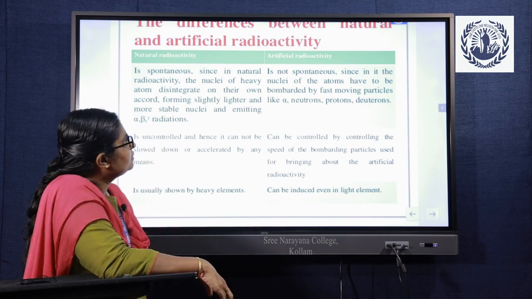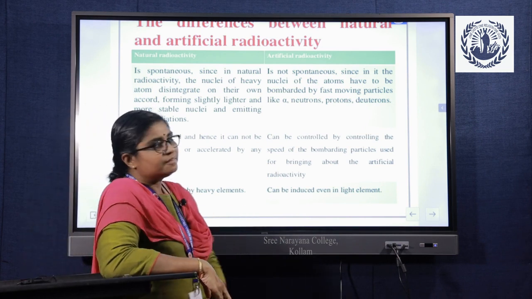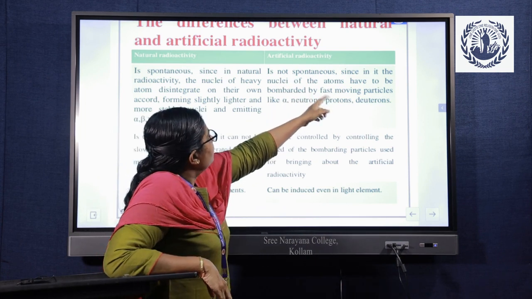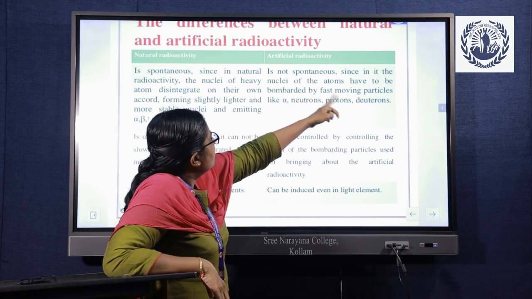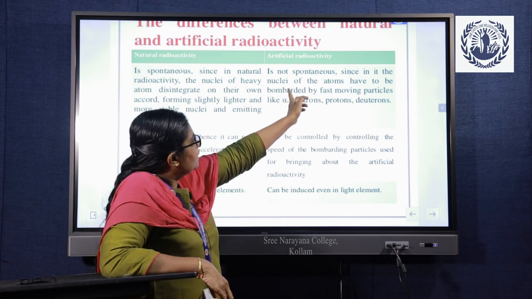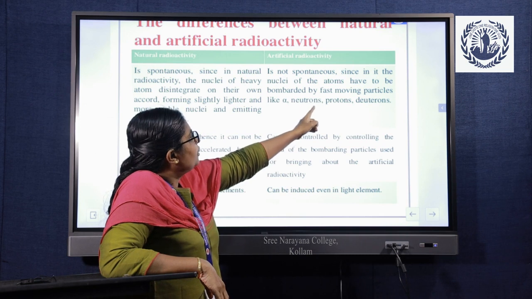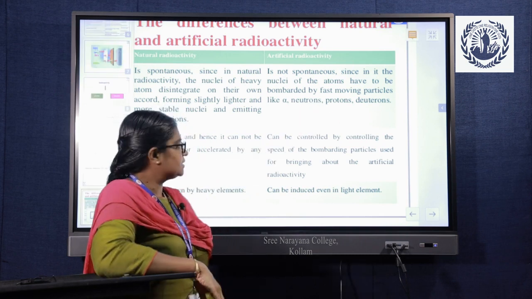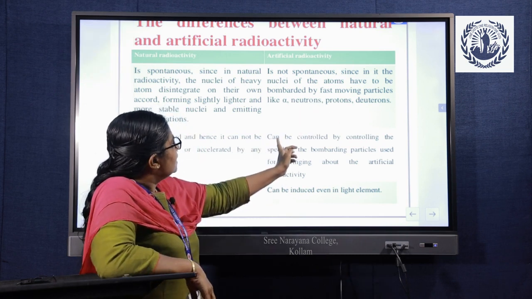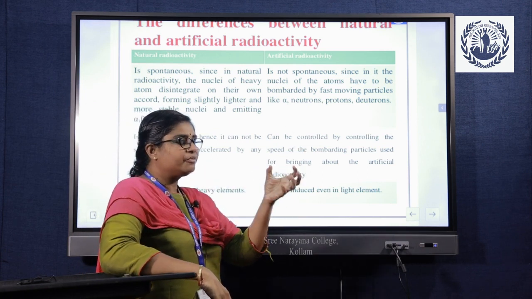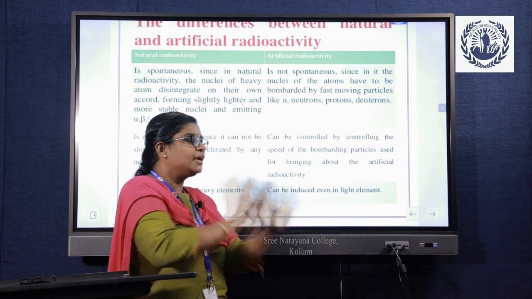So, coming to artificial radioactivity. Artificial radioactivity is not spontaneous, and some atoms have to be bombarded by fast moving particles like alpha particles, protons, neutrons, etc. By this artificial means, we are making that nucleus radioactive.